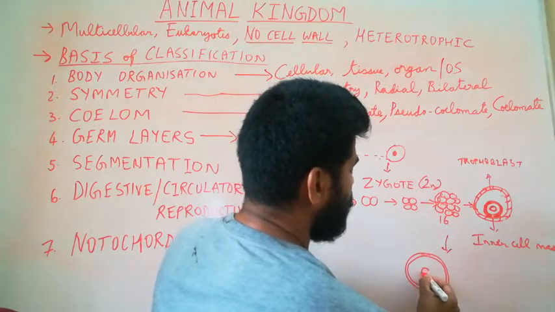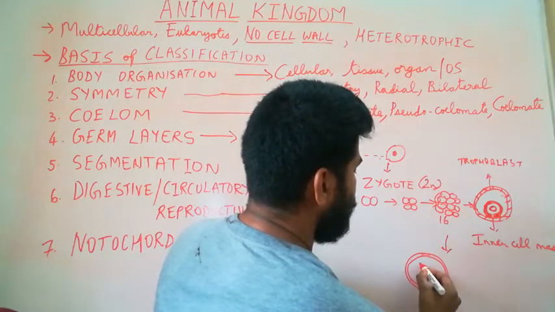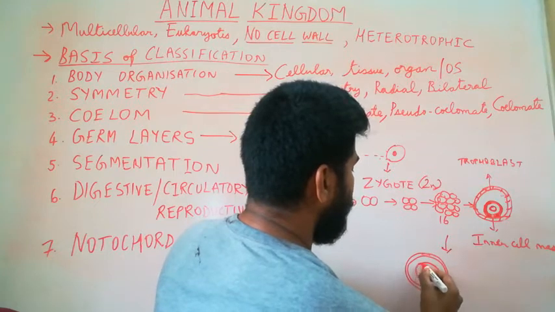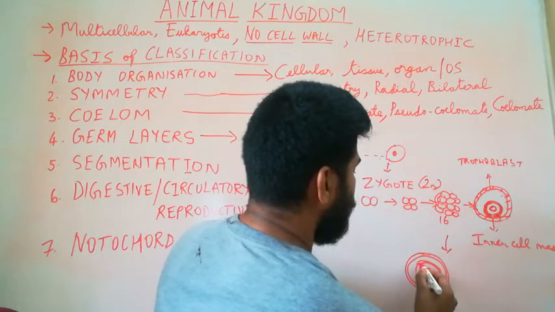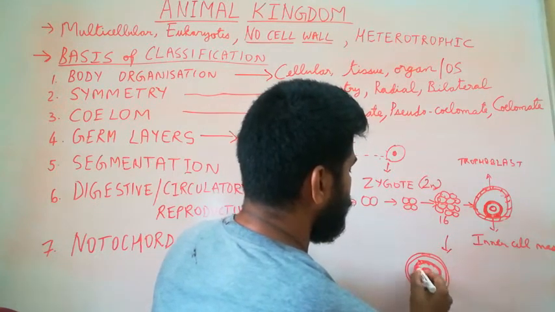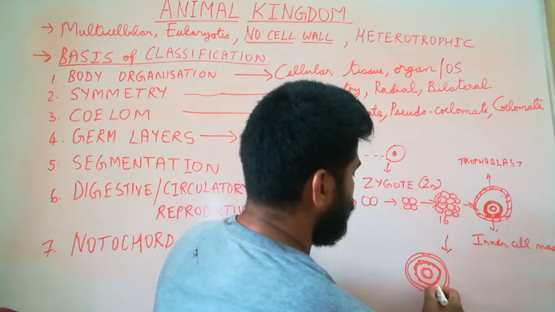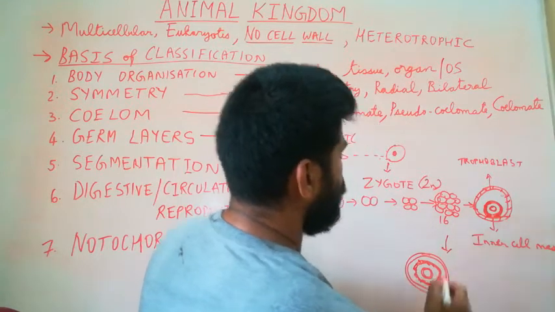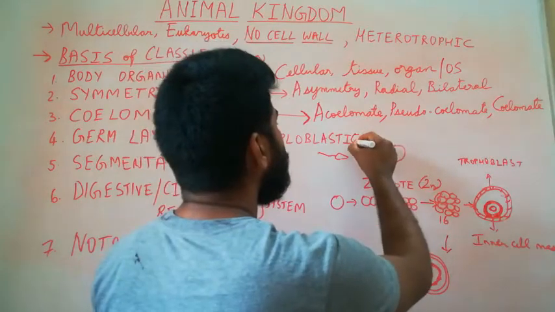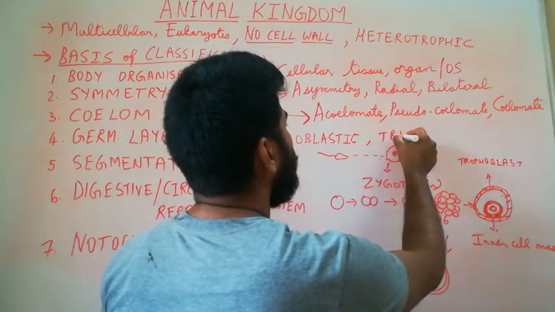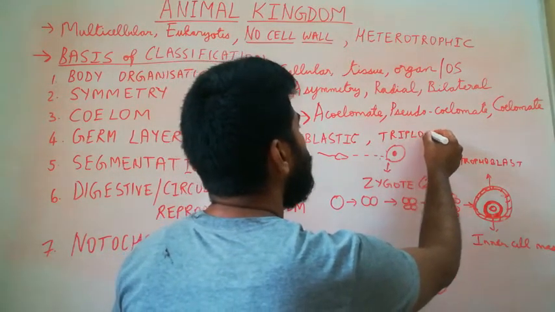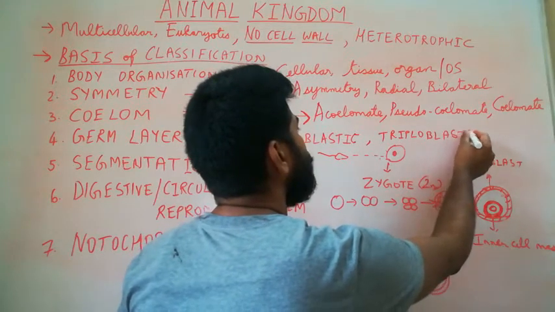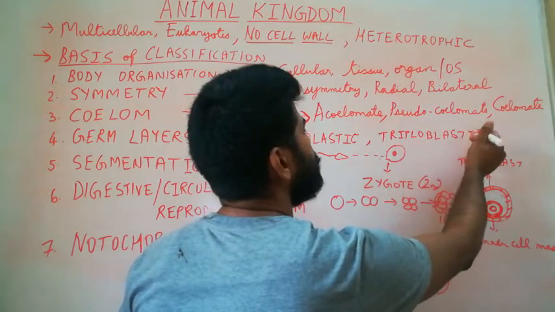An outer layer, an inner layer, and in between there is another layer also. Such animals which have three germ layers are called triploblastic animals.